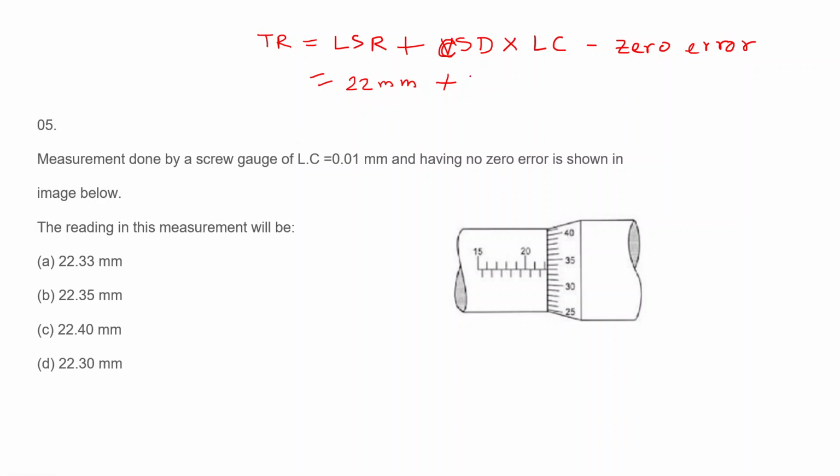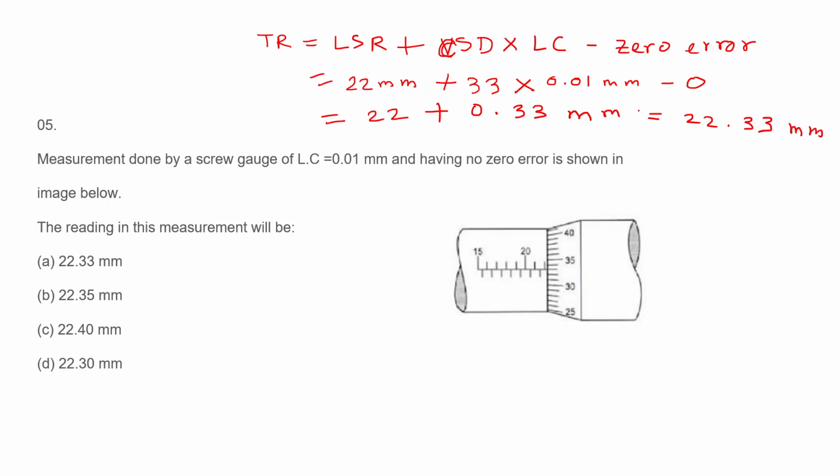So the vernier scale division will be 33 times the least count, which is given to be 0.01 millimeter, and there is no zero error anyway. So what we get is 22 plus 0.33 millimeter, that is 22.33 millimeter will be the reading for this particular problem. So the correct answer is 22.33 millimeter.